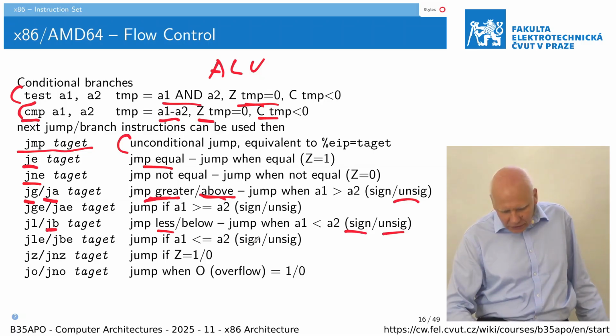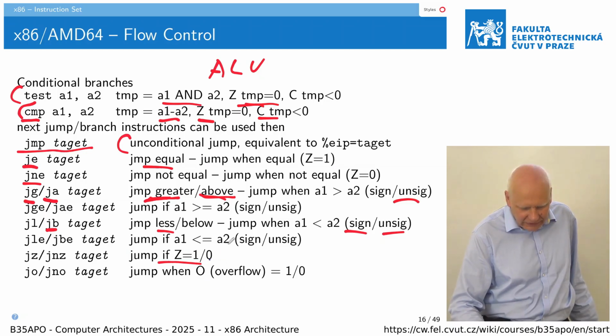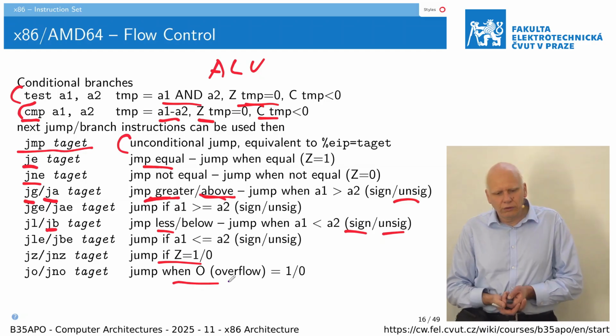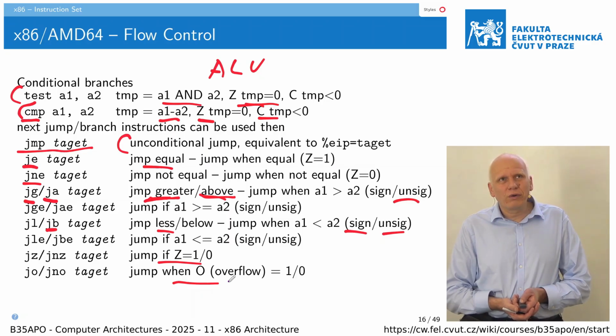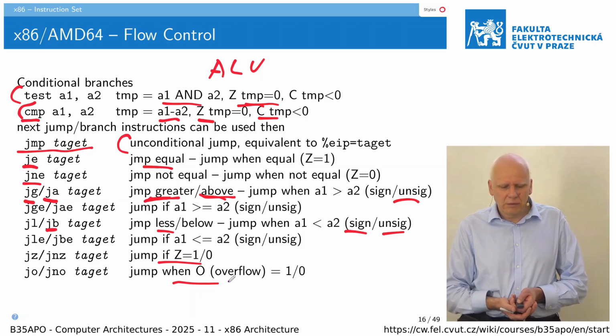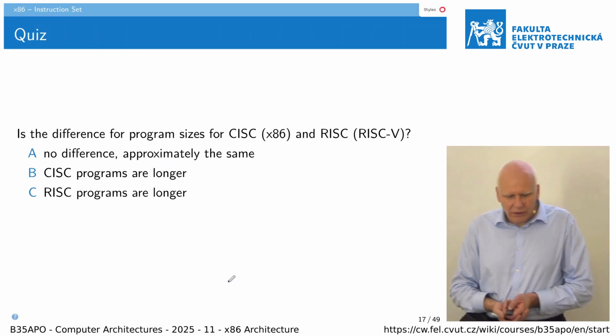And below or equal, and branch or jump on the 0 result if the zero flag is set or not set, and even on the overflow. So you can test a lot of this information. For example, the testing of overflow on RISC-V is a little more complicated. The rest is probably, in most cases, similar.